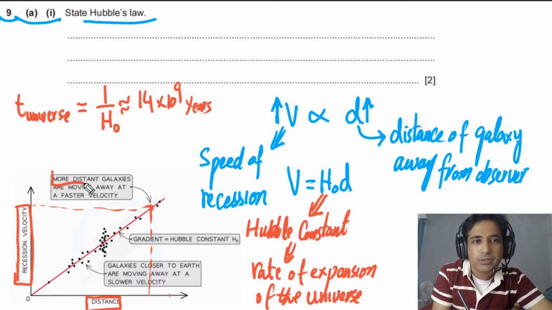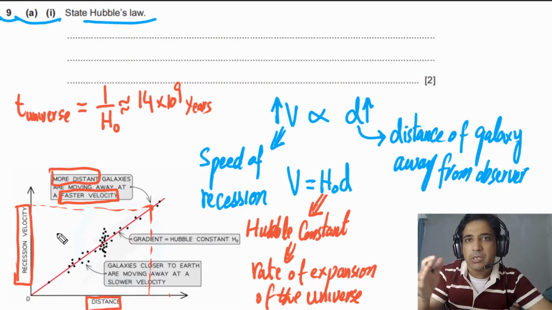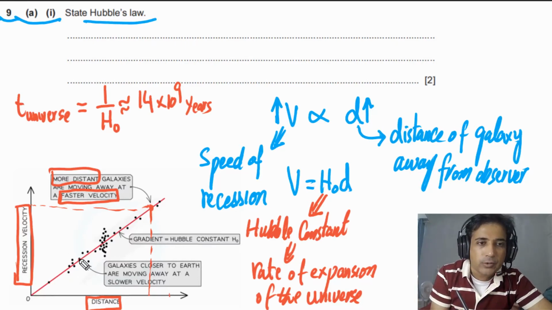So more distant galaxies are moving faster, moving at higher speed away from us. If you look at closer galaxies, let's say this galaxy, its distance is smaller and its speed is also lower. So closer galaxies have slower velocity.